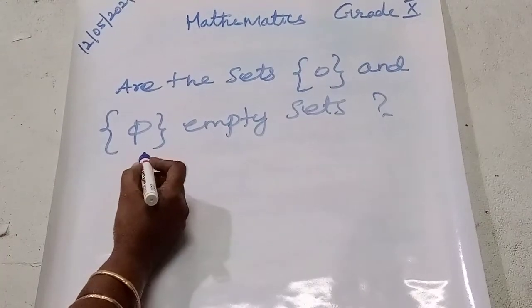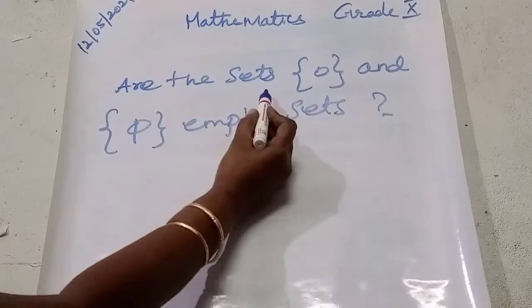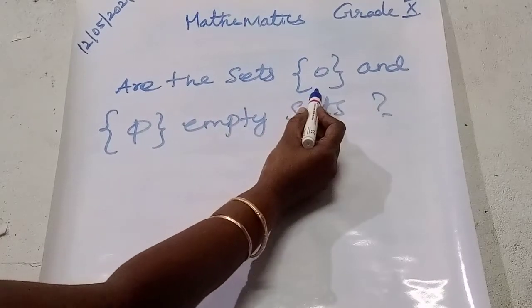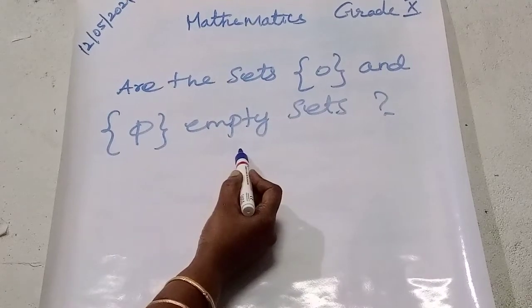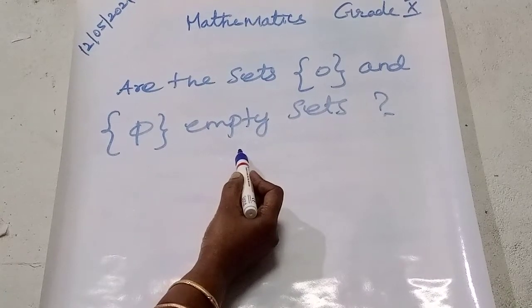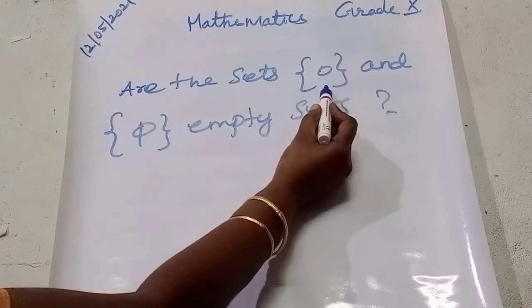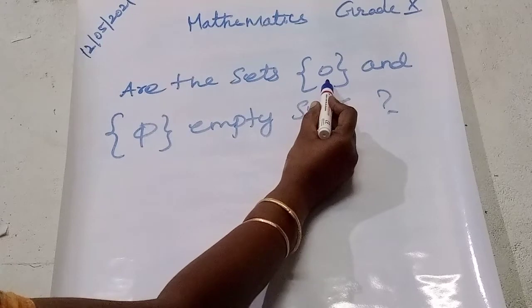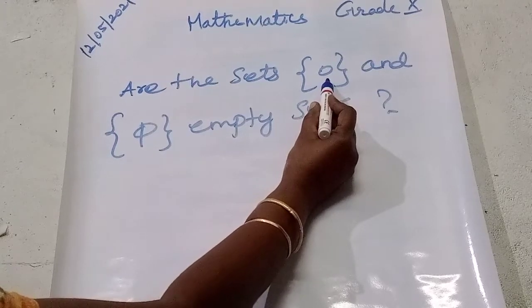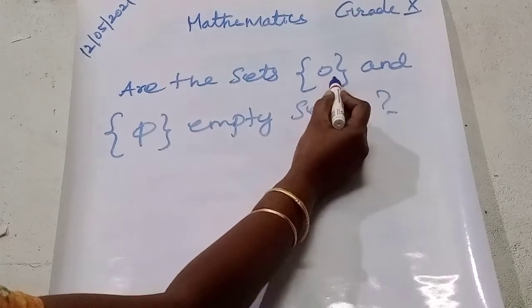There is a one word question. Are the sets {0} and {pi} empty sets? Can you say the answer? Is it an empty set? No. There is an element, isn't it? There is only one element, that is 0. So it is a singleton set.